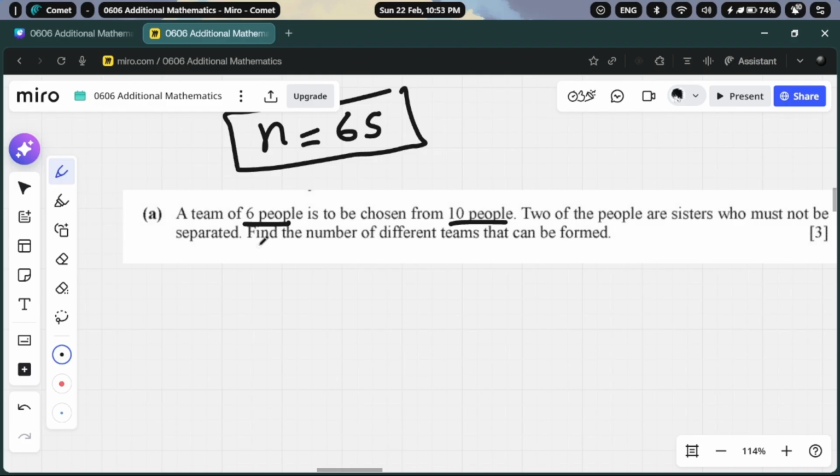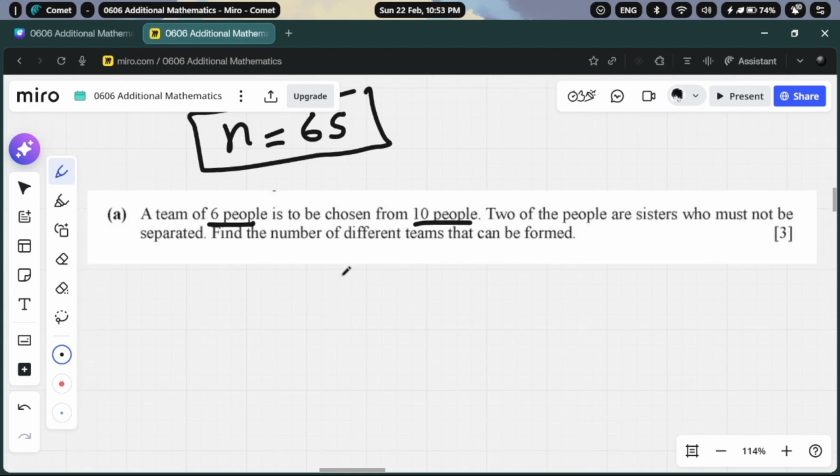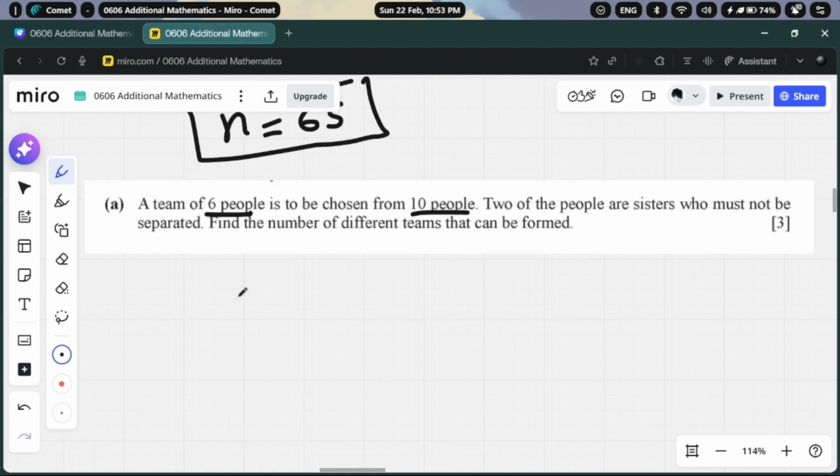Now, you have to find the different teams that can be formed. So there are two cases over here. Either you can have both the sisters, and another case when you don't have both the sisters.